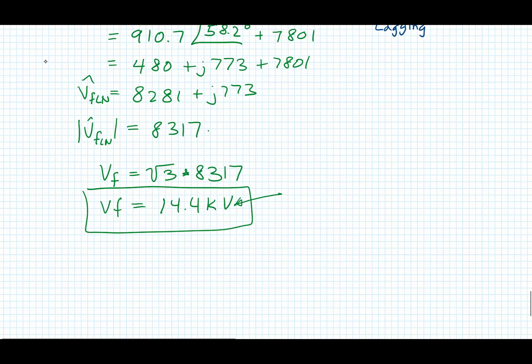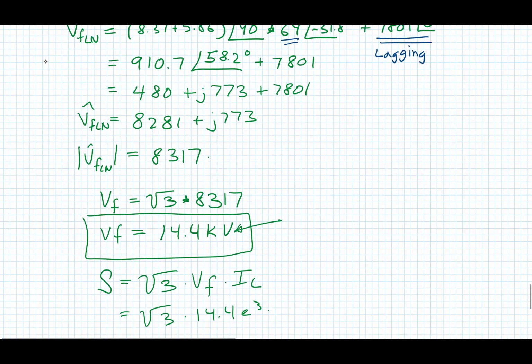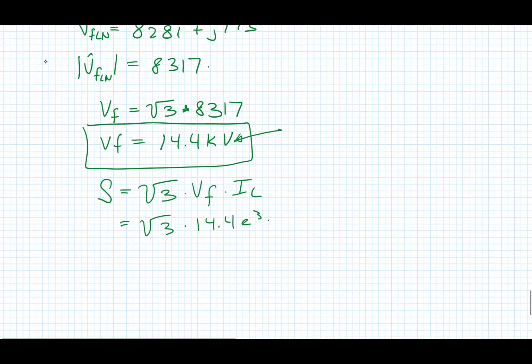Now the next final thing is what's S. Well, we can just simply take the quantities. We could just say square root of 3 times the V feeder times the I line that we have. So that would be square root of 3 times 14.4 e to the 3 times the current, remember, was 64.